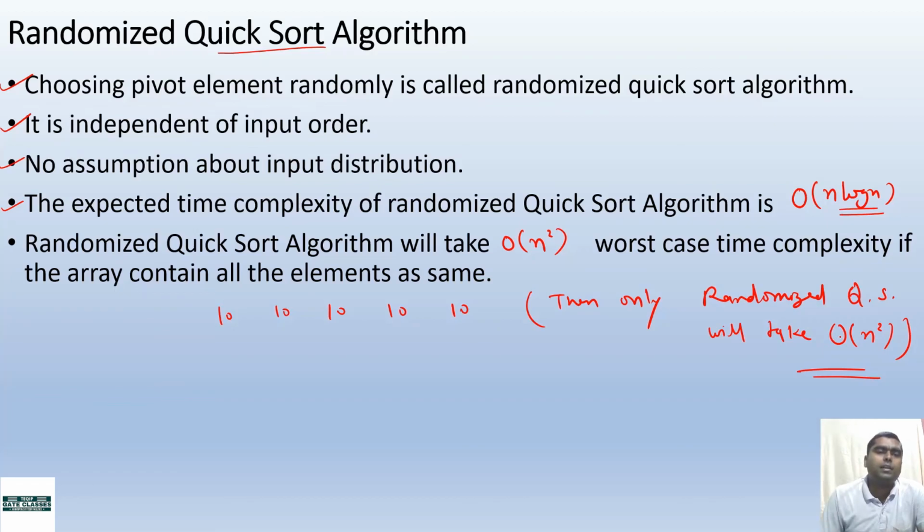Otherwise, in any case, it will take order of n log n time. That's why the selection of the pivot element at random is the best choice. Okay, so it depends. Now one more important point related to that, whether the quicksort algorithm is a stable sorting technique or not.